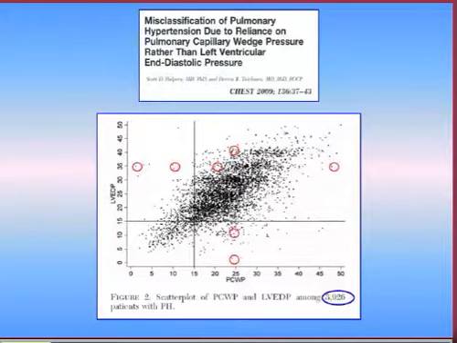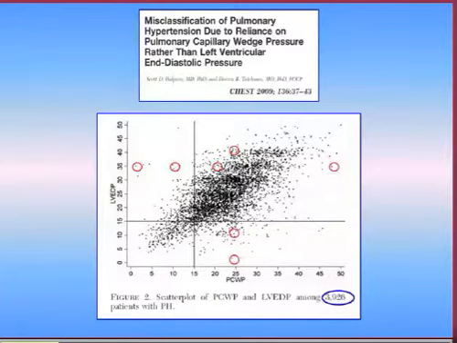In this example, patients were patients with pulmonary hypertension, but in the paper, there are also patients without pulmonary hypertension. And in both groups, with and without pulmonary hypertension, there is a correlation between wedge pressure and left ventricular end-diastolic pressure, but you can see it is a weak correlation.